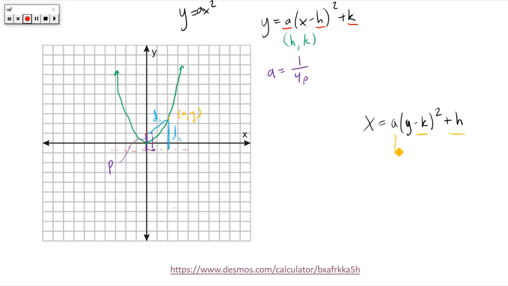But this a is the same, so we find it the same way. The orientation as far as where the vertex is with respect to the focus and the directrix is going to be exactly the same. It's just that now the directrix, as you saw in the Desmos thing, would be a vertical line, not a horizontal line. Okay, so we just need to establish those things.